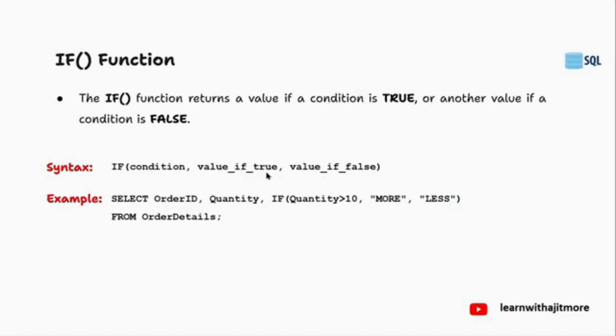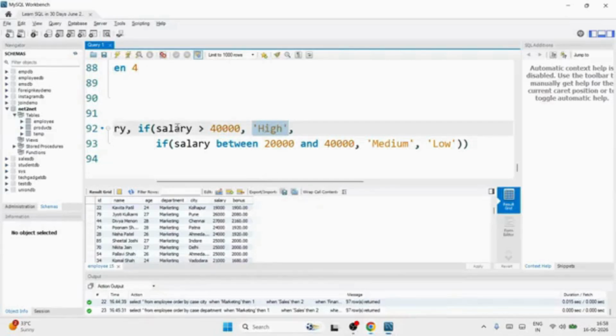But if this condition is false, then in the else part, again I'm calling if. And whatever this if returns will come here in the else part. So what is this second if going to return? Either medium or low. One of them, medium or low, it will return. That will come here in the else part of this if.